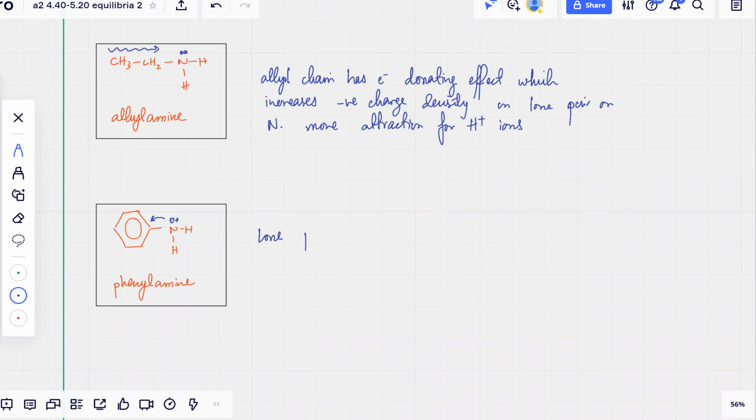So the lone pairs on N overlap with benzene's pi electron cloud, the benzene ring, which is why the charge density becomes lesser, so that decreases charge density.